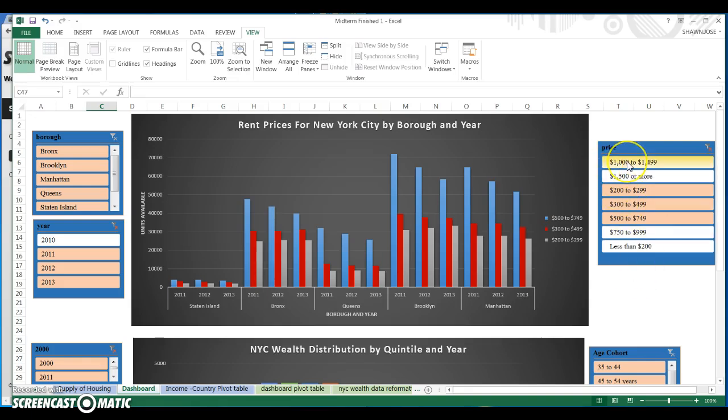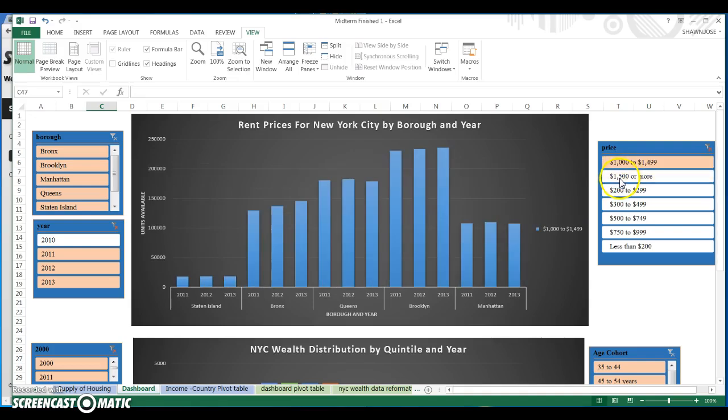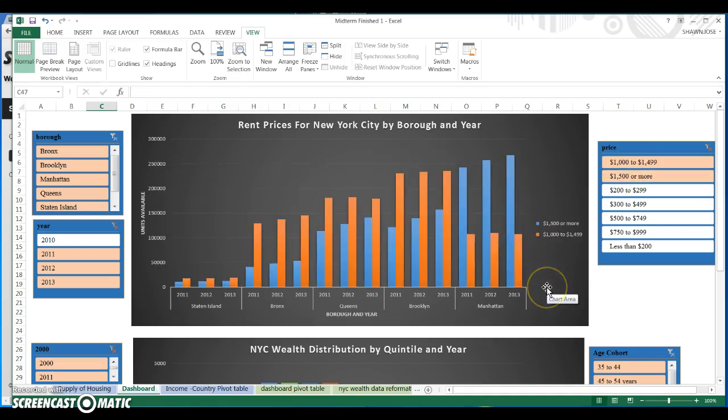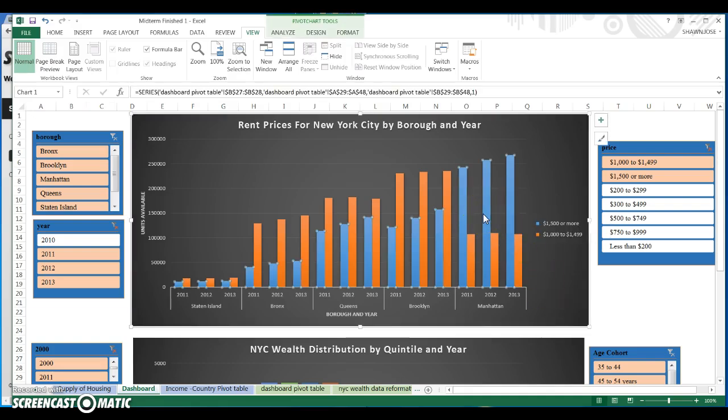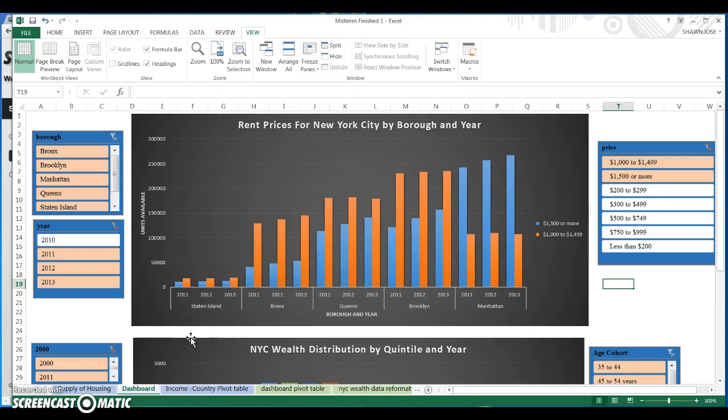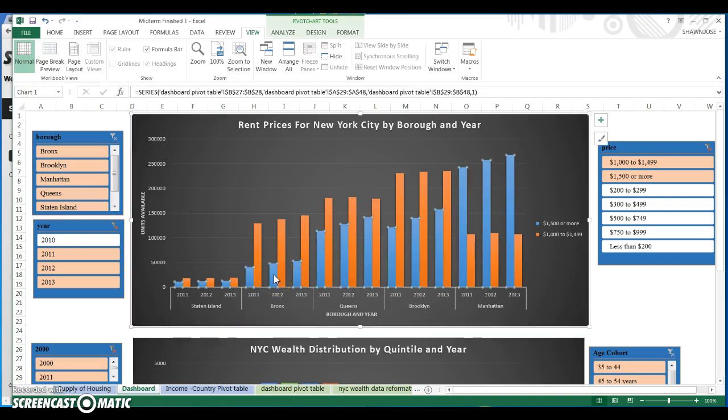But similarly, if we now also slice the data instead by the 2 most expensive categories, we can see a similar story of gentrification, but just the flip side. So here we have the rental units that are worth more than $1,500. And we can see that those units increase for 4 of the 5 boroughs. Bronx, Queens, Brooklyn, and Manhattan all have those rising blue bars.